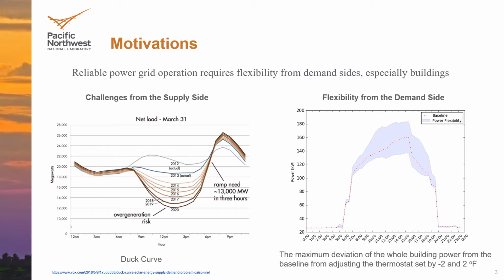So basically, the demand reaches the lowest value in the middle of the day, when the solar radiation reaches the peak value. In the afternoon, however, the demand rapidly increases as we approach sunset. And then it reaches the peak value in the late afternoon or early evening.